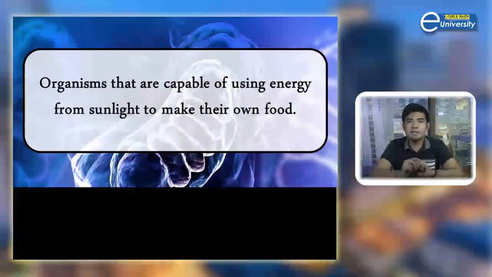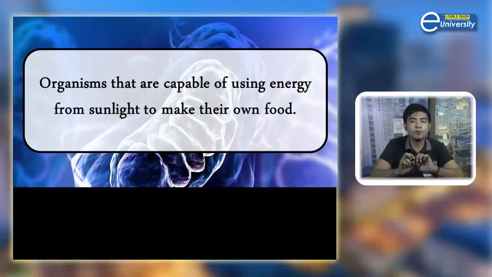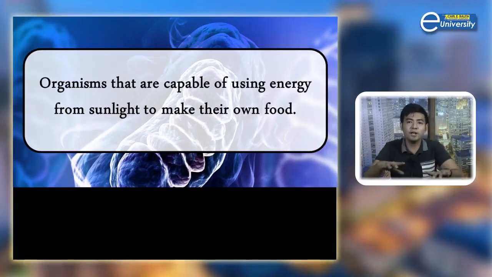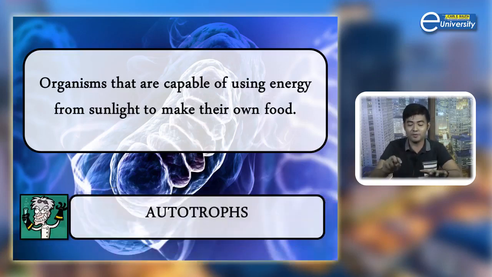The organisms that are capable of using energy from sunlight to make their own food. Okay, so these organisms are called autotrophs. Very good. So autotrophs are the organisms that are capable of using energy from sunlight to make their own food.